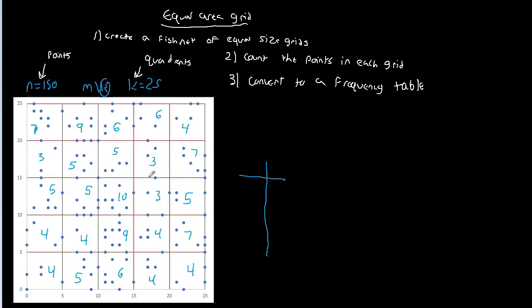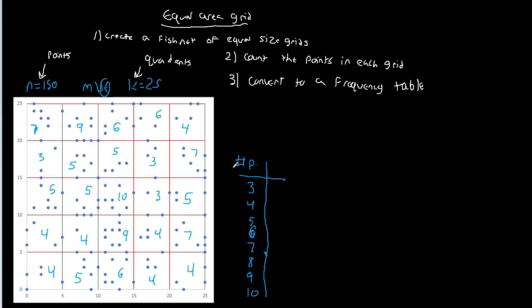We're going to flip this idea, going from the number of points in each quadrat to the number of quadrats with a given number of points. This is going to be the number of points. We have some with 3, some with 4, some with 5, 6, 7, 8, 9, and 10. Now we don't really have 8, but because it's in the sequence, we're going to include it here.